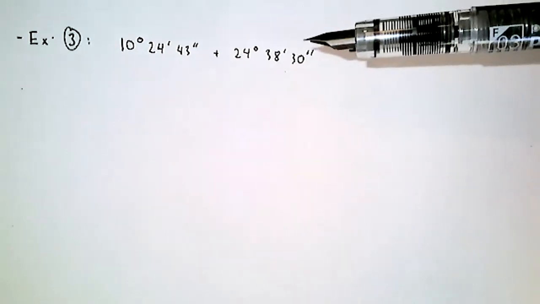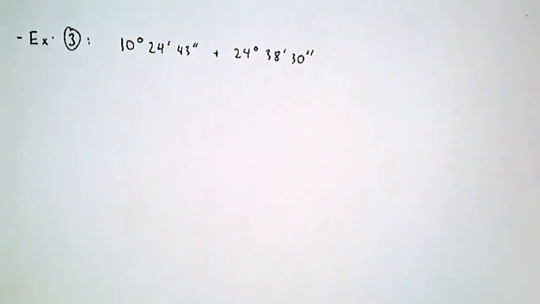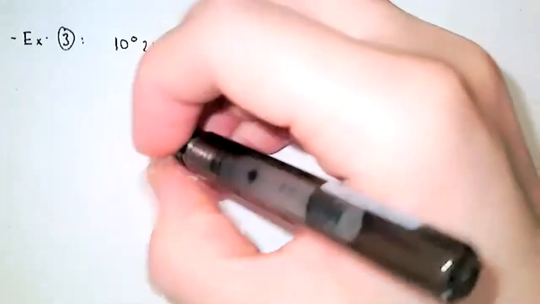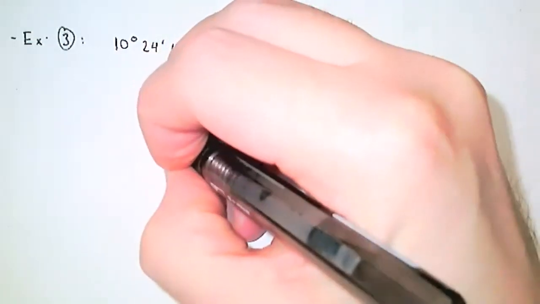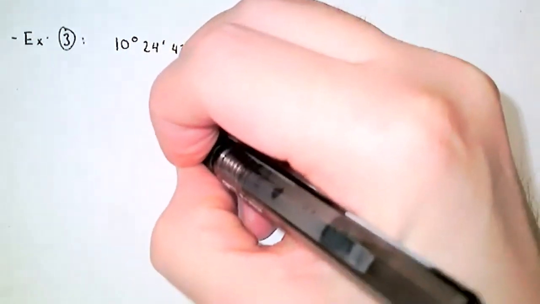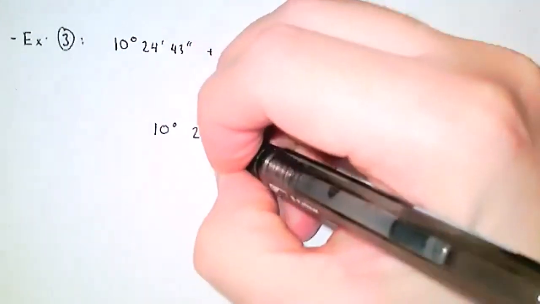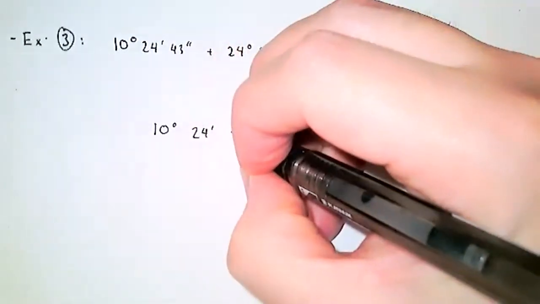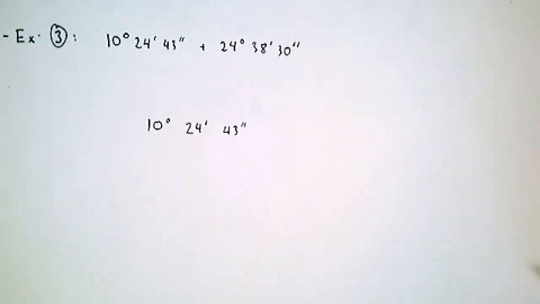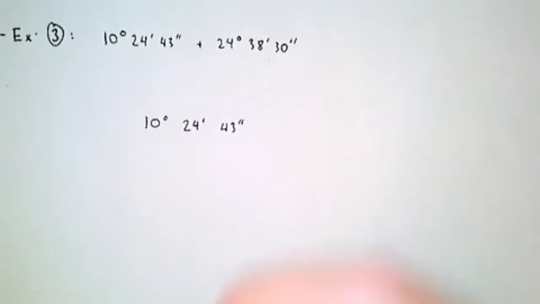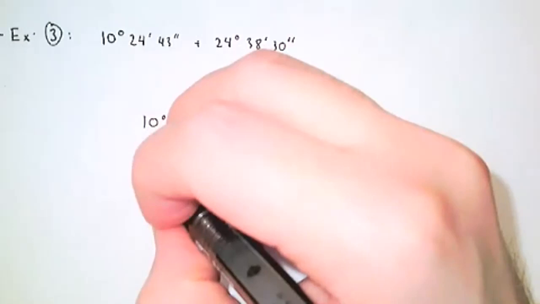And the way that we add these together is really just like normal addition. In fact, we can even stack them on top of each other, like you might have learned to add numbers way back in elementary school. And we want to think of the minutes, seconds, and degrees as place values.